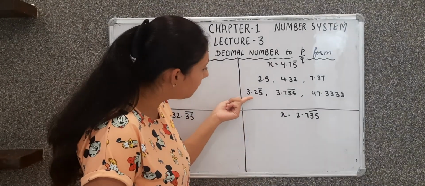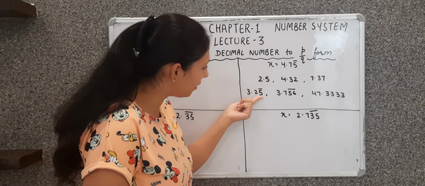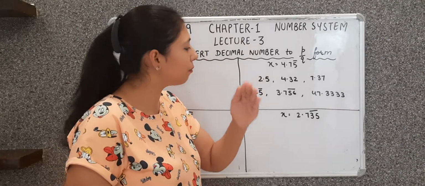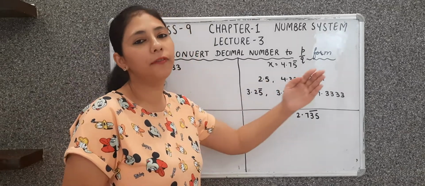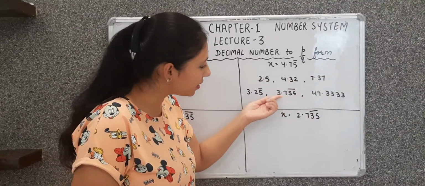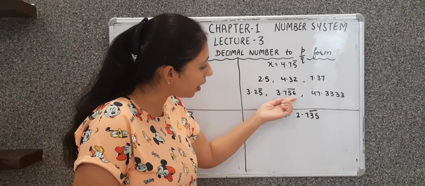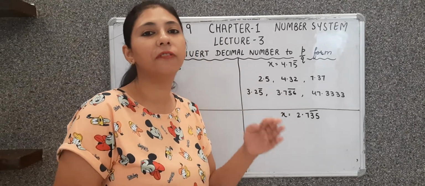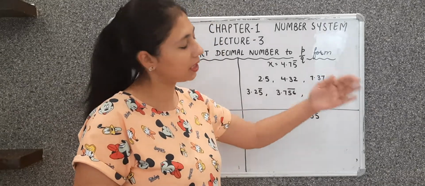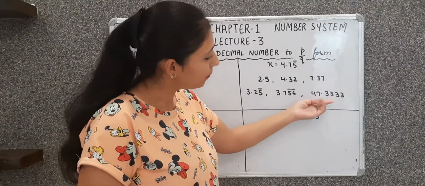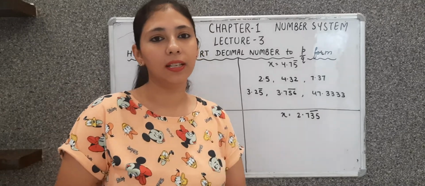In 3.25 bar, there is a bar on 5, which means this 5 will keep on repeating: 3.255555. In 3.756 bar, the bar on 56 means 56 will repeat itself: 3.7565656. And in this one, the number 3 is repeating itself.